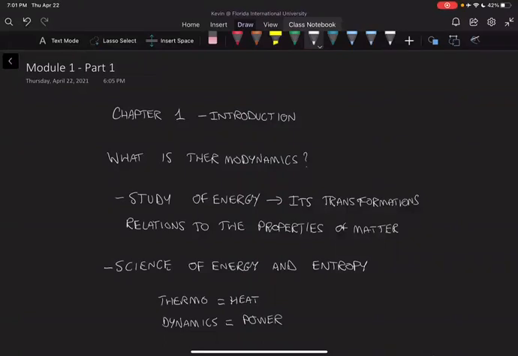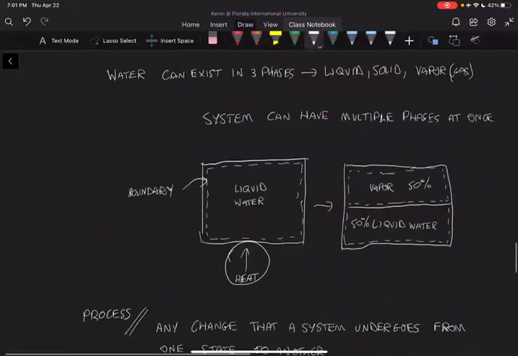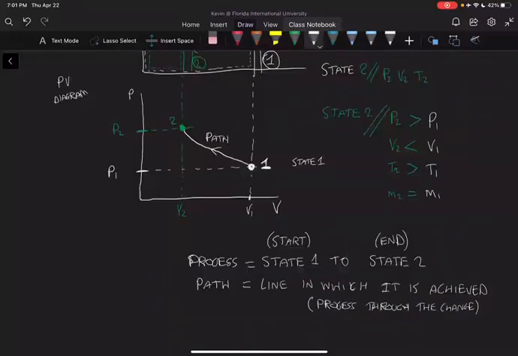So this is our first part of module 1, and we will go into part 2 of module 1 in the next video, where we will continue with our process and then look at cycles. So we'll start with the same diagram of the process from 1 to 2, just simplified. So our 1 to 2 is right here. We'll look at the process from 1 to 2 simplified and explain the system. And then we'll go a little bit more into more definitions for the class. So this first chapter is mostly about definitions, and that's what's important to know.